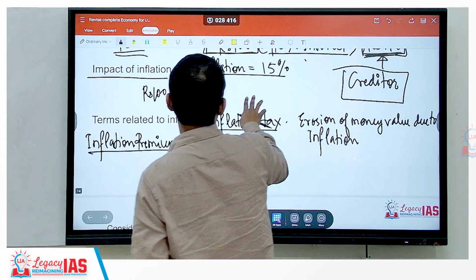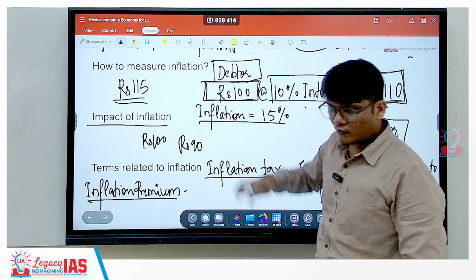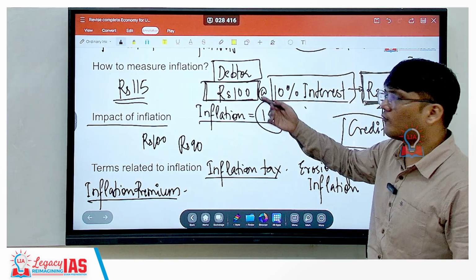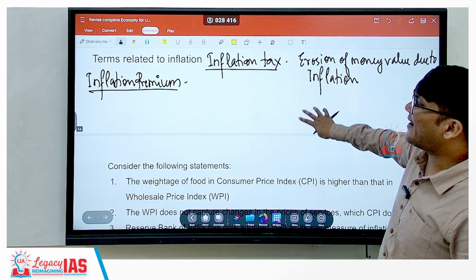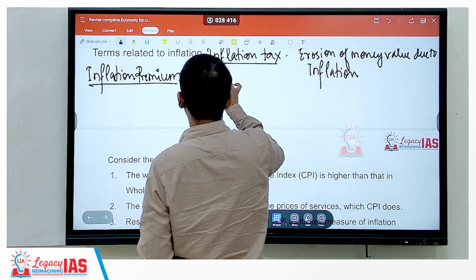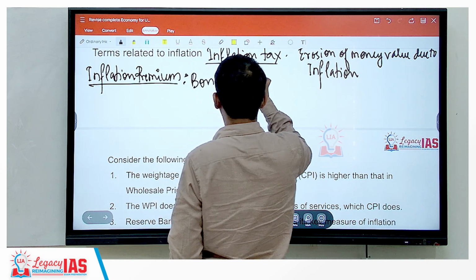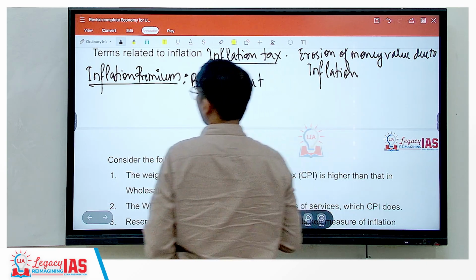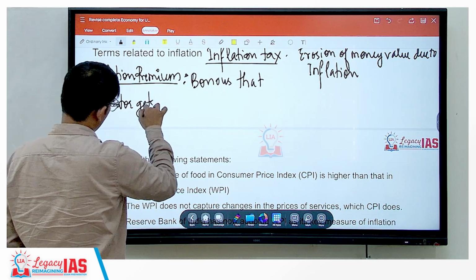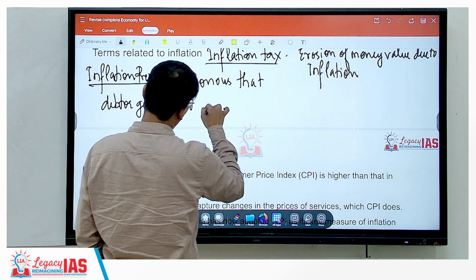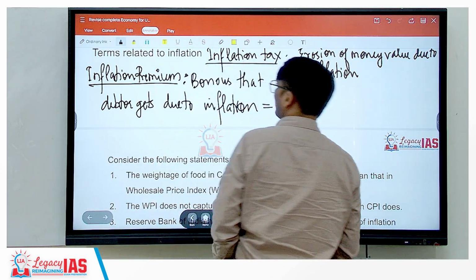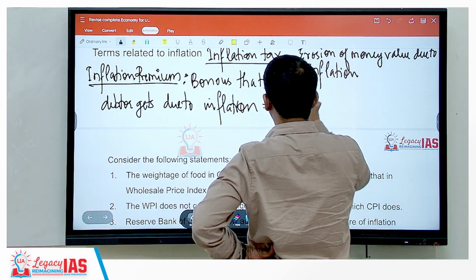Now here the debtor was getting benefited, so some bonus the debtor was getting of 5 rupees because the inflation was higher. So this benefit or the bonus that the debtor gets due to inflation is equal to inflation premium.